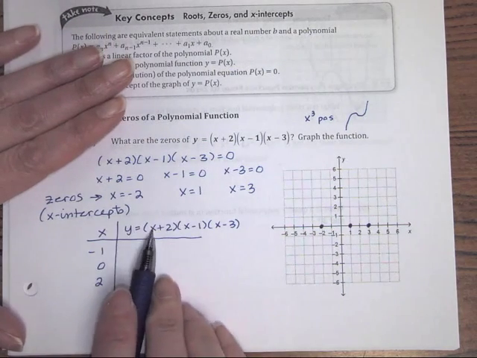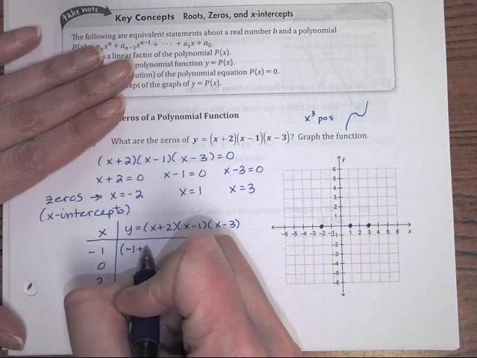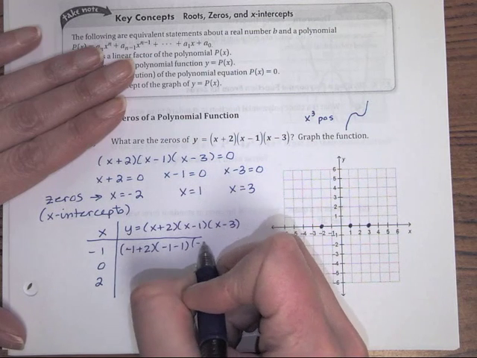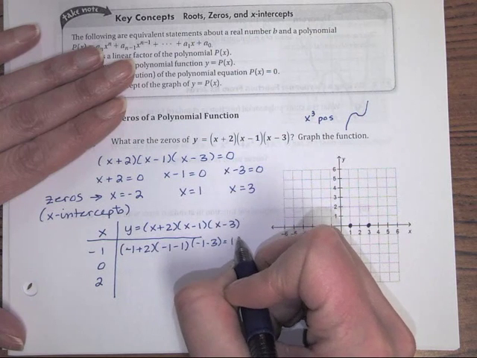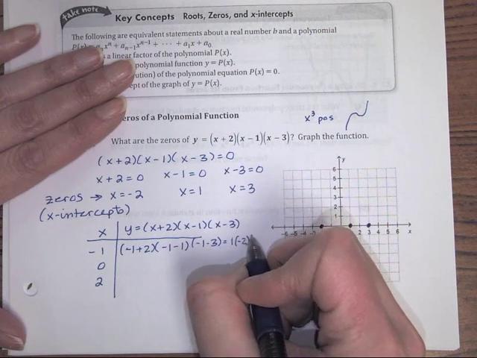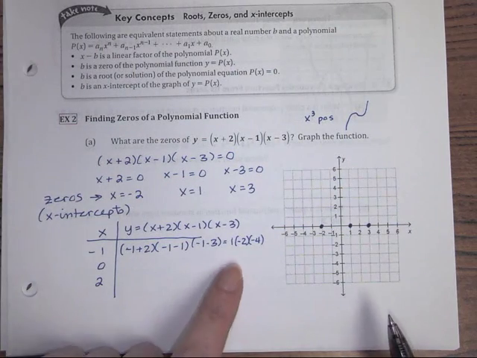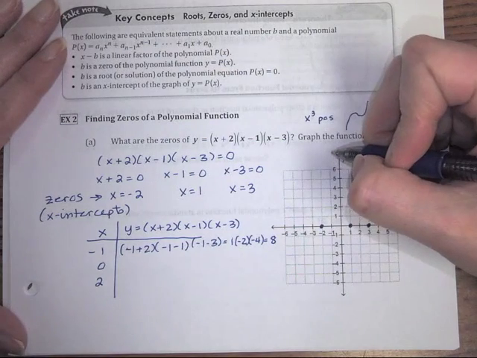So if I plug -1 in here, I've got -1 plus 2, -1 minus 1, -1 minus 3, which gives me 1 times -2 times -4, and that gives me positive 8. That is way up here.